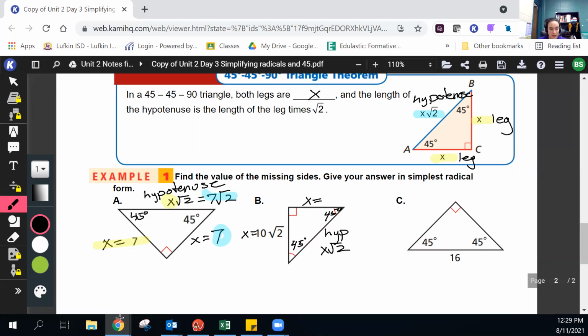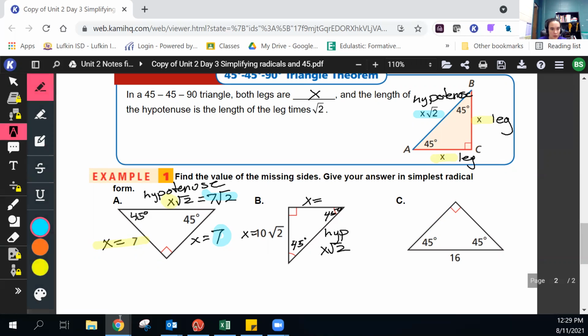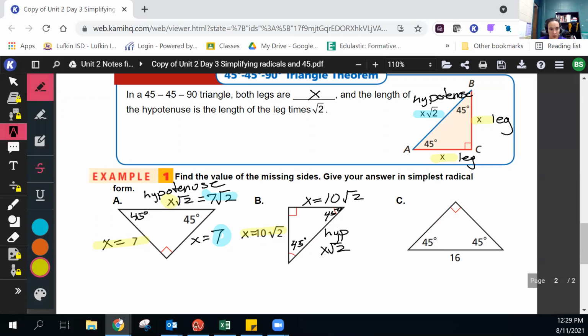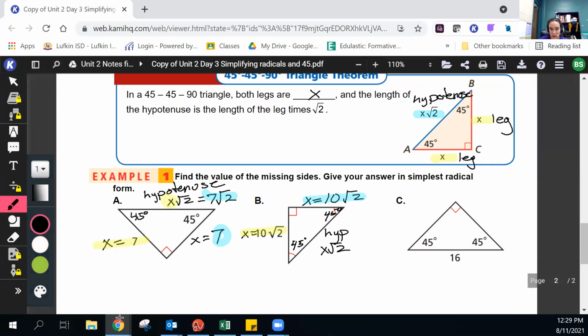I already know what x is. x is equal to 10 times the square root of 2. That means I know what my top side equals. It equals 10 times the square root of 2, and that's that side length. Now, I need to plug that 10 square root of 2 in for x. So that's 10 square root of 2.